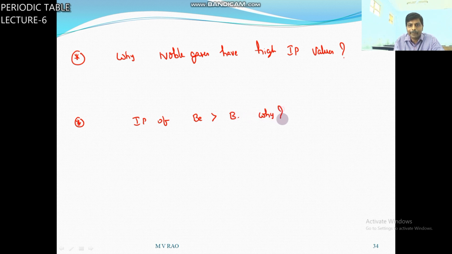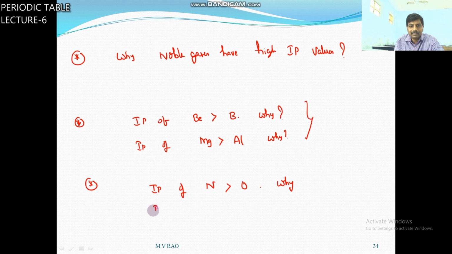Why? Similarly, the IP of magnesium is greater than aluminium. Why? Same reason. Third question, the IP of nitrogen is greater than oxygen. Why? Similarly, the IP of phosphorus is greater than sulfur. Why?